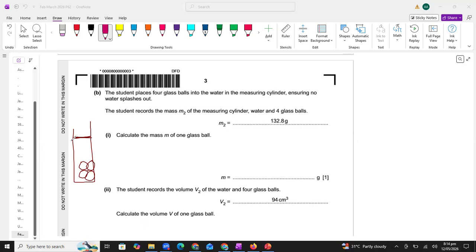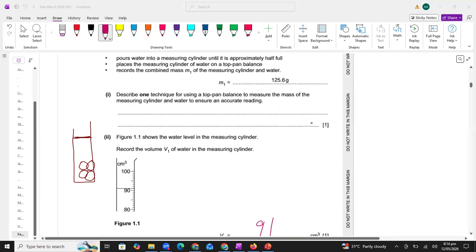Now they are saying the student records the mass M2 of the measuring cylinder, water and 4 glass balls. So the mass you can see here is the total mass of measuring cylinder, water and 4 glass balls. Now we have to find the mass of 1 glass ball. It's a very easy question, students, because they have already given us the mass of the measuring cylinder and water.